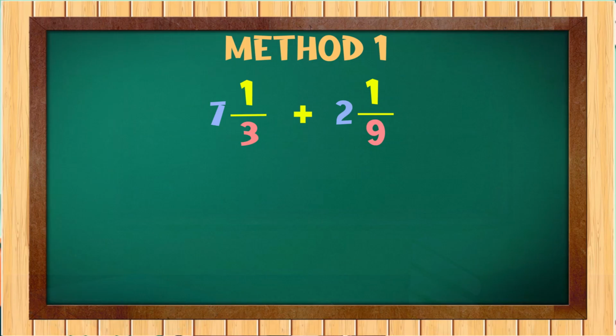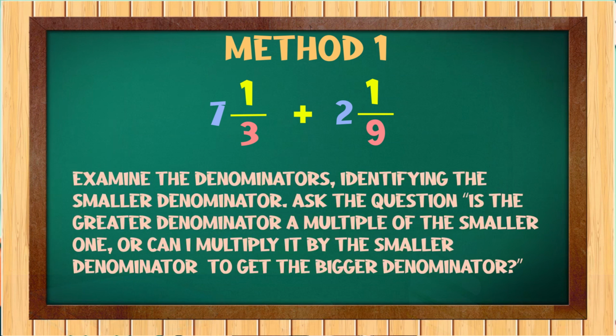Let's look at an example. 7 1/3 plus 2 1/9. Boys and girls, take note that our denominators are not the same. The first thing we do, we examine the denominators and identify the smaller denominator.